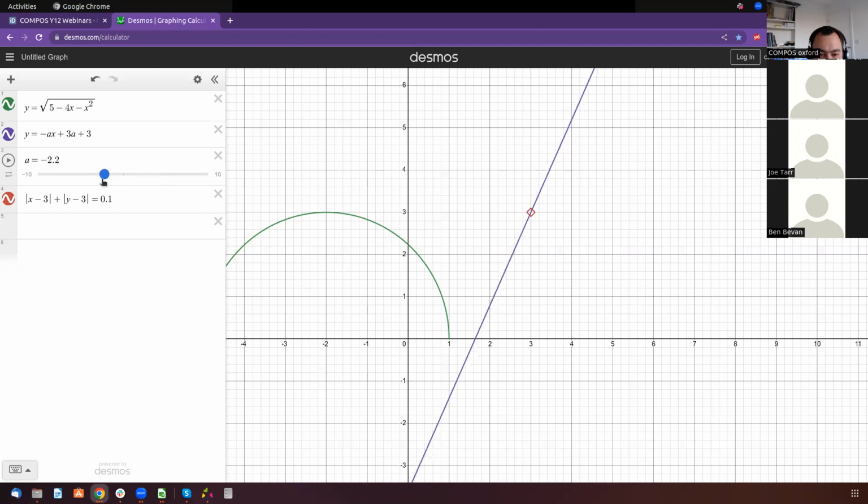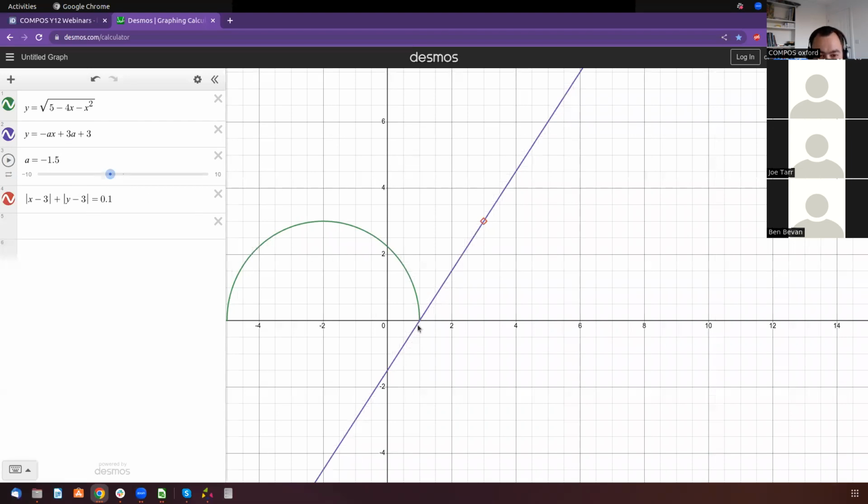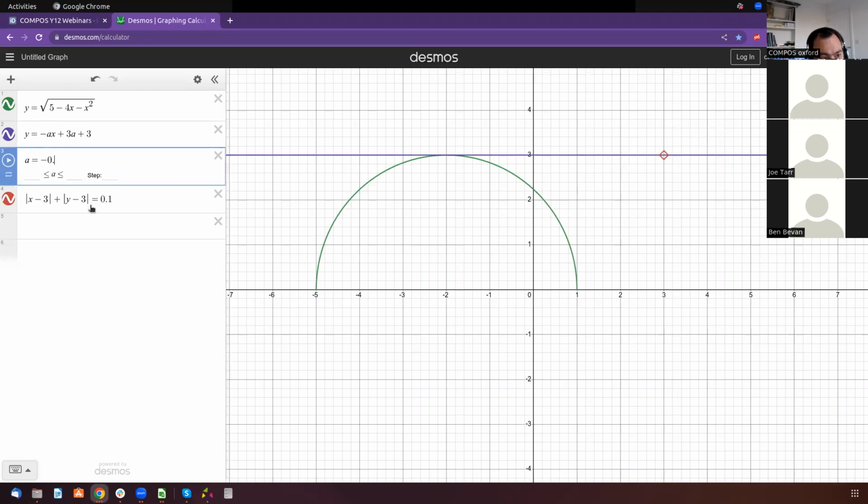So as you can see, when a is minus 1.5, it gives you one solution, one solution, one solution, up to 3/8. Well, it doesn't do 3/8 here. What's 3/8? 0.375. Yeah, 0.375.